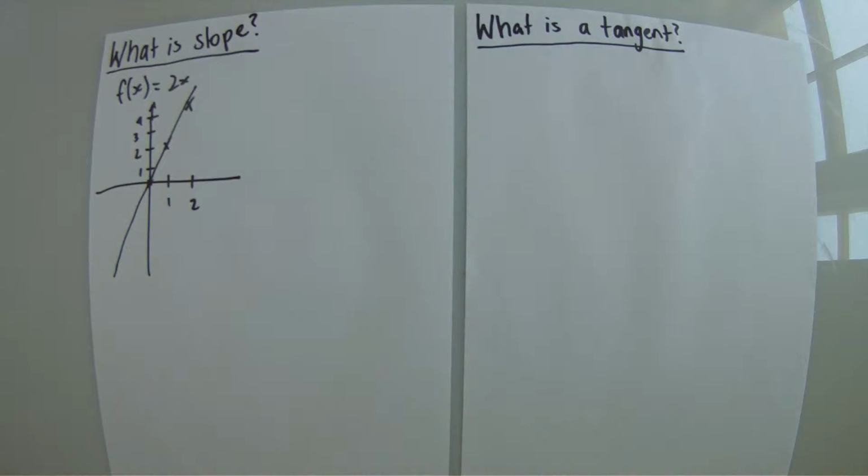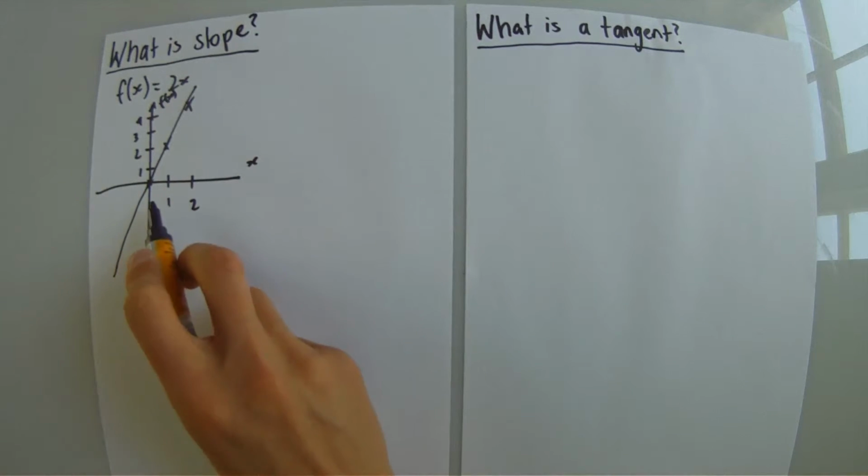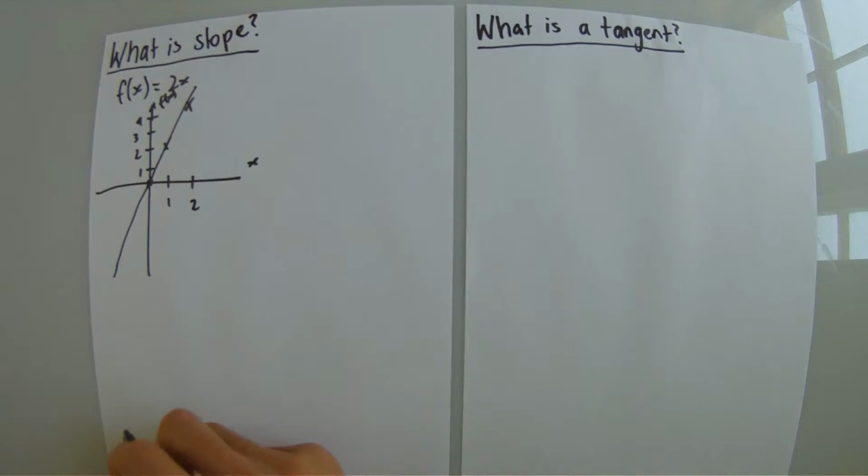So that's what 2x is. And we can see that as x increases, f of x increases at a constant rate.